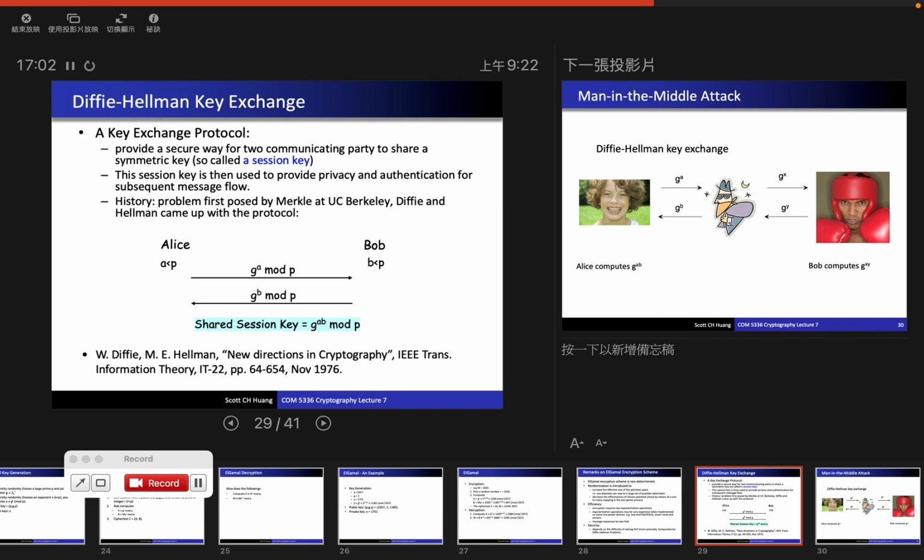Only Bob has the secret key. Nobody else has Bob's secret key. So Bob can eventually recover the session key K, and then both share the key K. That's the way. This can be done using any asymmetric crypto system.